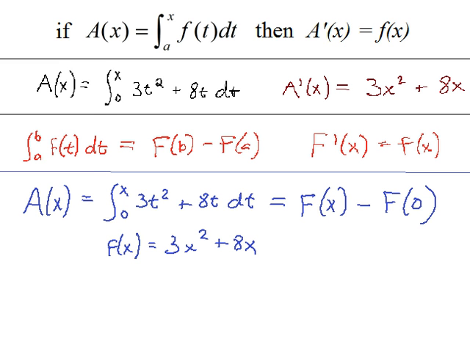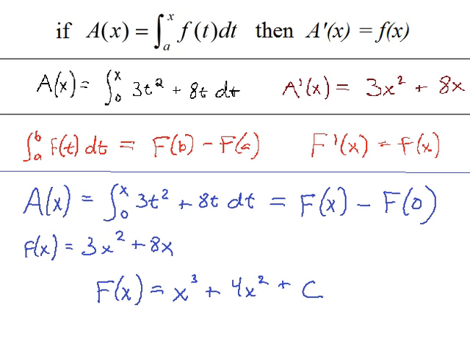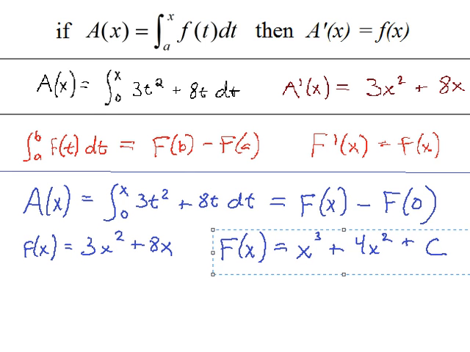In order to continue down this path, we will need to define big F, the antiderivative, which is a pretty straightforward antiderivative: x to the third plus 4x squared plus some constant c. If we plug in x and plug in 0, we will get the result we are looking for.